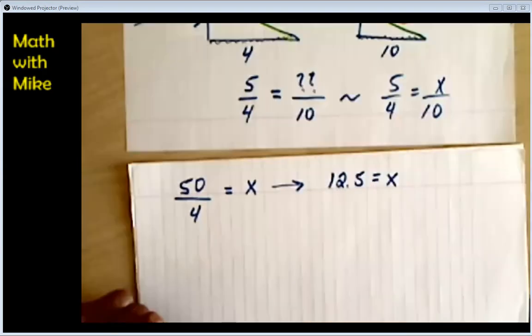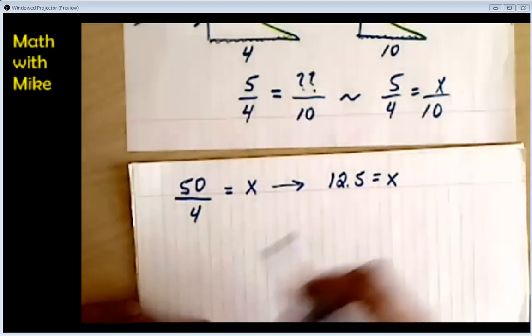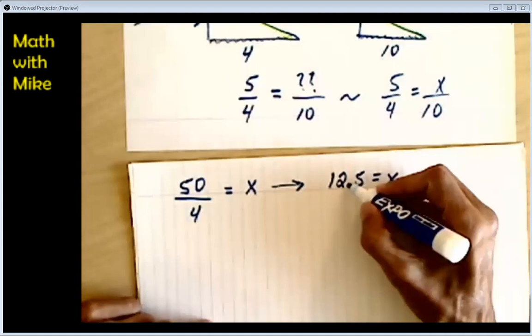See? Weird numbers, not so easy to see. Oh, this is a decimal.